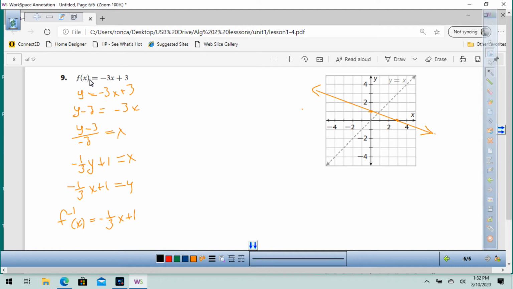My original is negative 3 slope, plus 3. 1, 2, 3. And then negative 3. 1, 2, 3, 1 is right there. And we'll draw that. It needs to be black.